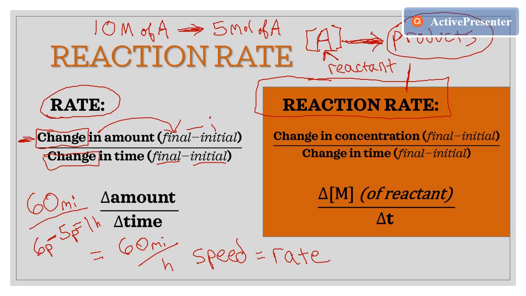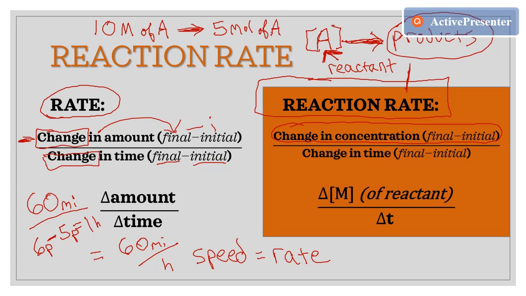So the reaction rate is just the speed at which A, the reactant, breaks down and forms the products.